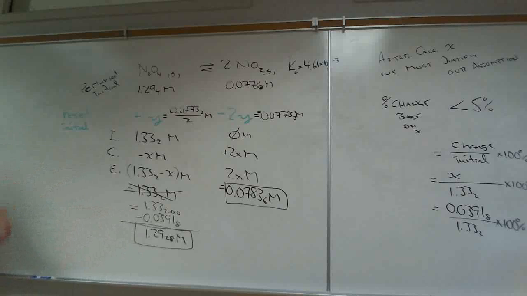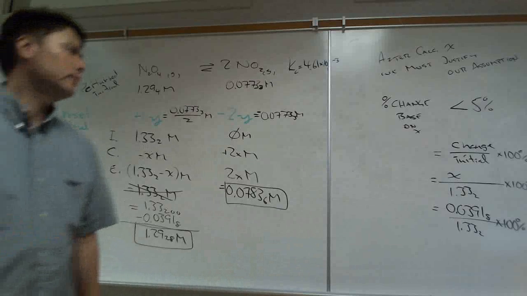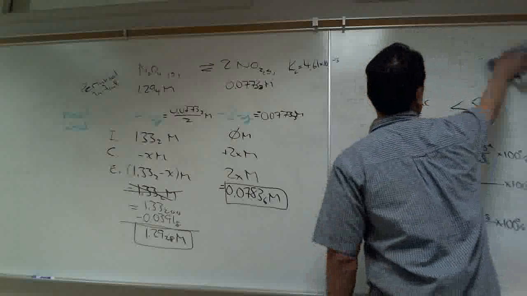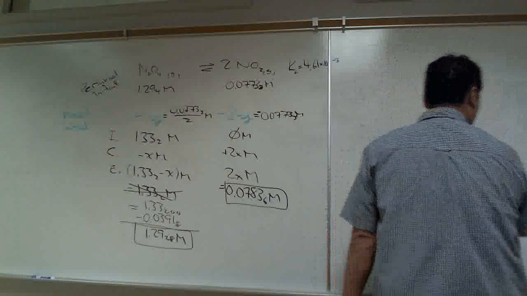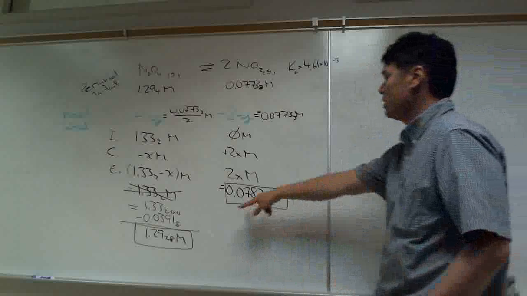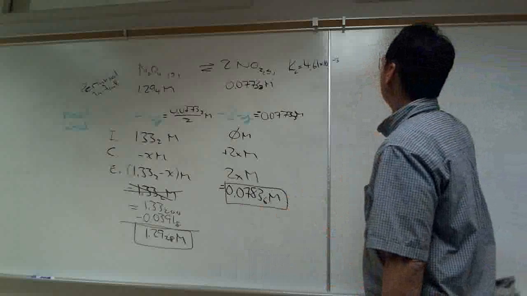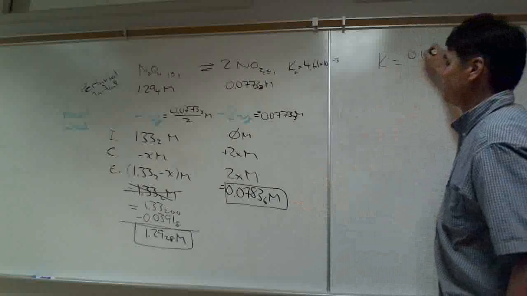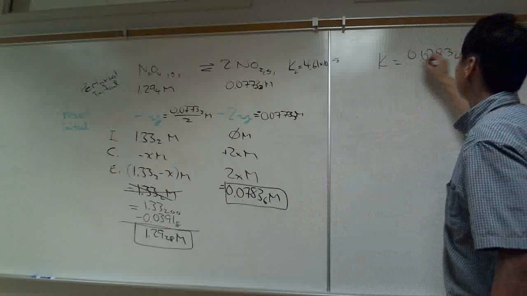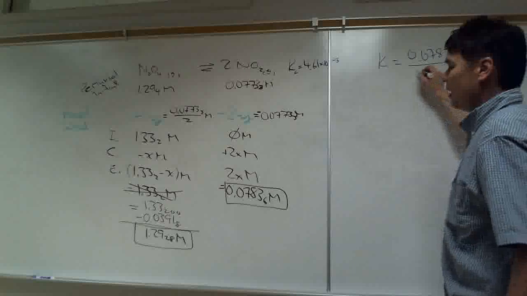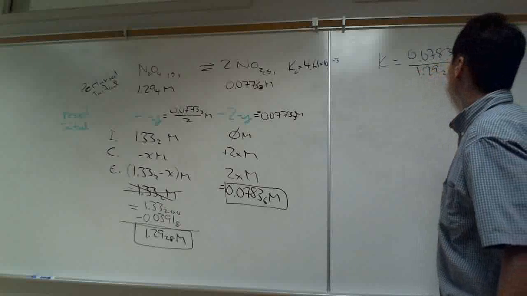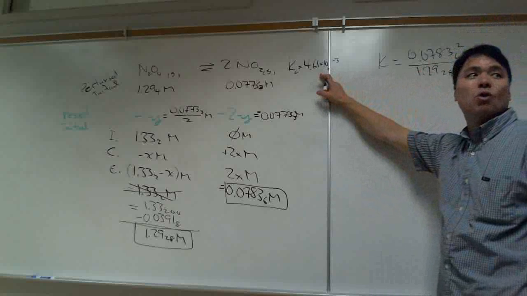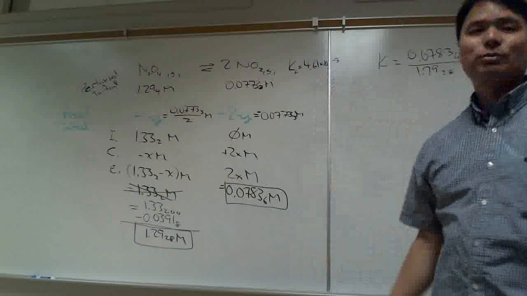So now we've calculated the concentrations. What should we do next? We should double check the equilibrium concentration by calculating K based on these. And so if we calculate K, it's going to be 0.07836 squared divided by 1.2928, and hopefully it equals 4.61 times 10 to the minus 3.